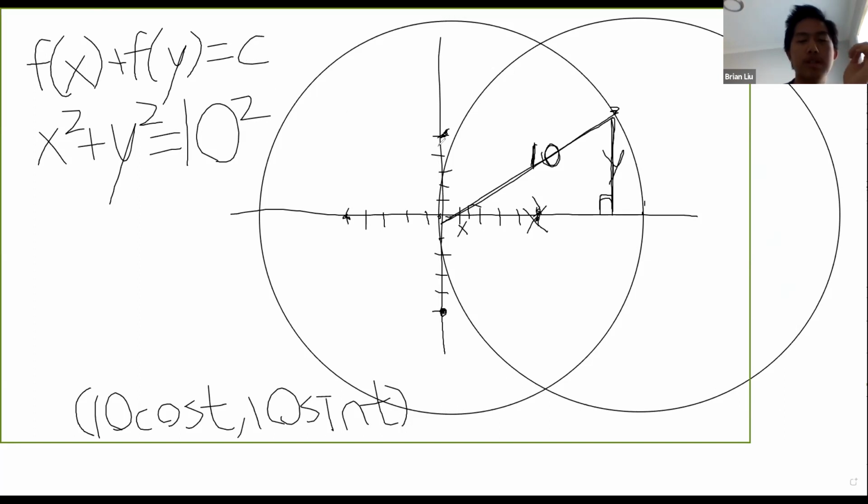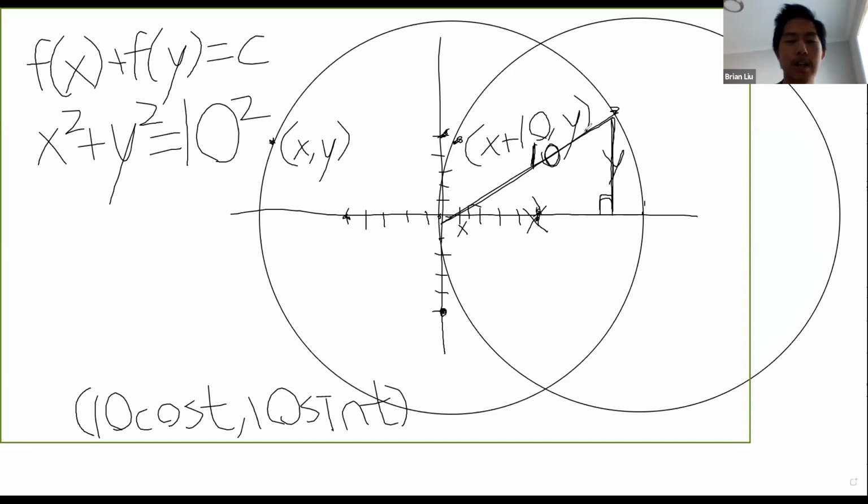And now that we want to move it 10 to the right, we want to say that if x and y are on the original circle, then x plus 10 and y, so x and y moved 10 to the right, should be on the circle as well.